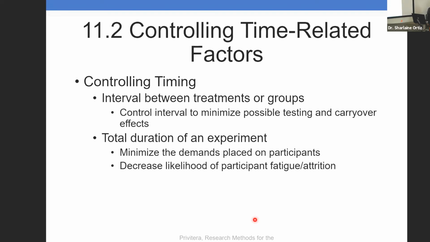All right, good deal. Notice that another issue is, remember, we're going to have fatigue. Another aspect that is within your realm, within your control, is to minimize the demands that you place upon your participants.